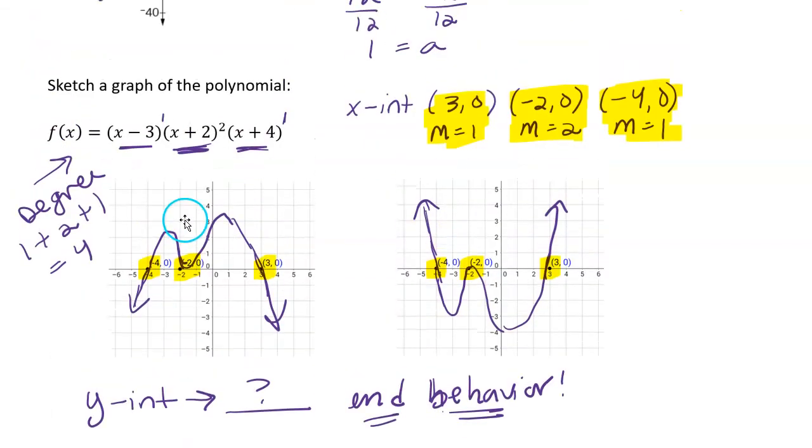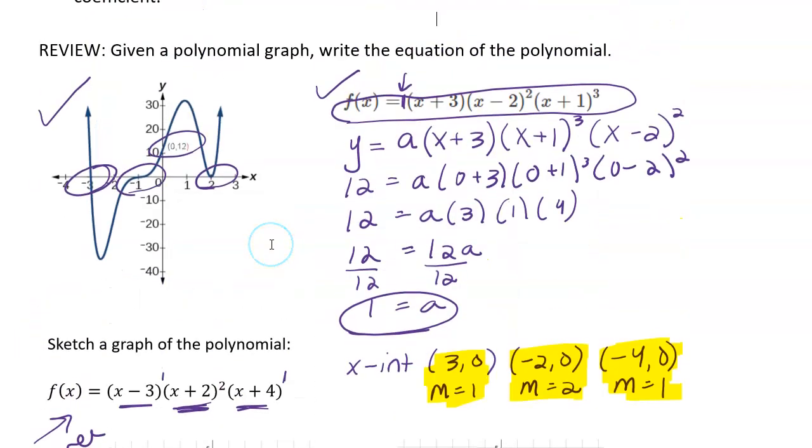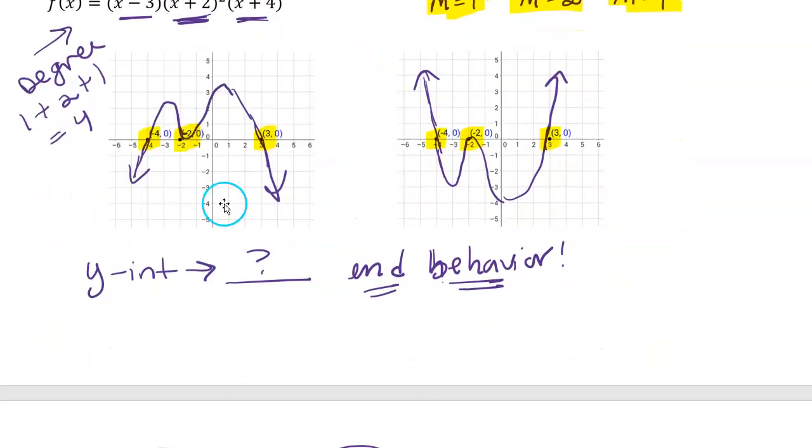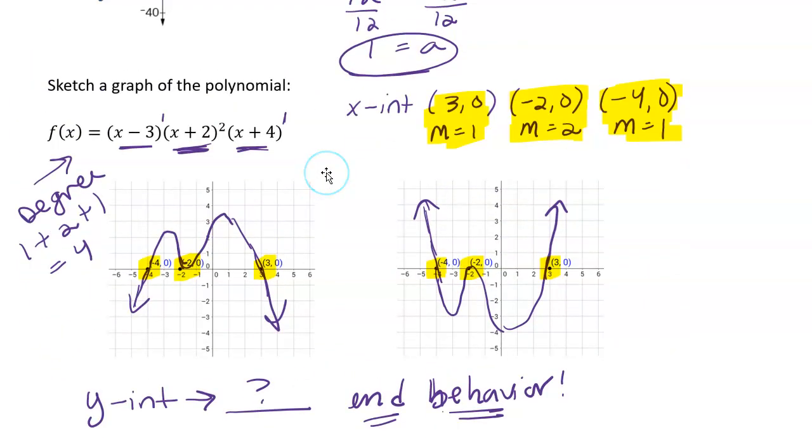All right, and then our a value is 1, right? Remember we found the a value, and also, oh, sorry, that was the previous problem. Sorry, I got myself off track there. So our a value is 1 on this one as well, but that was from the previous problem, not particularly this one.